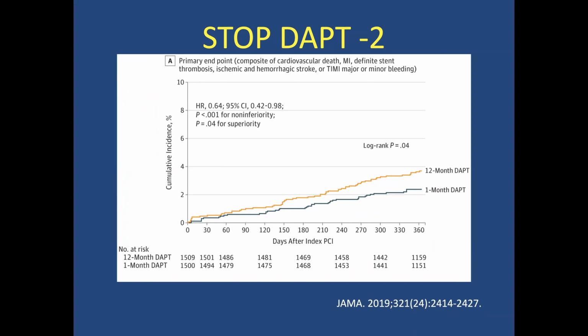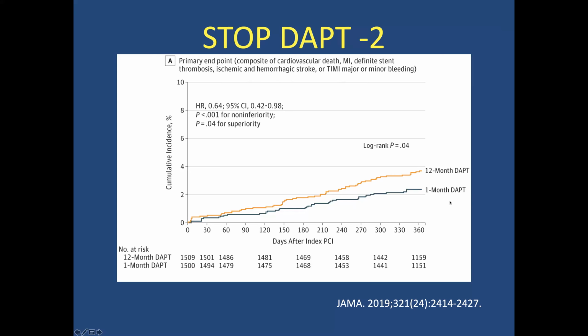So the STOP-DAPT trial looked at patients who were post-PCI, and this looked at 1 month of DAPT, which is primarily aspirin and clopidogrel. So 1 month of DAPT and then 11 months of just clopidogrel, no aspirin, versus 12 months of DAPT. And this did demonstrate a decreased rate of a composite endpoint, which included vascular events as well as bleeding.